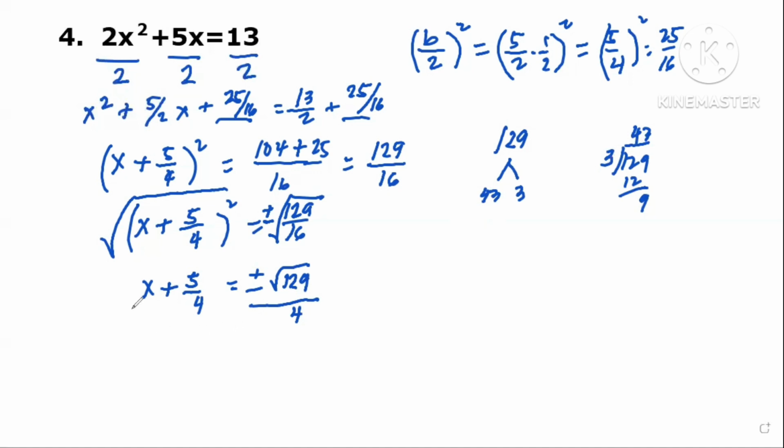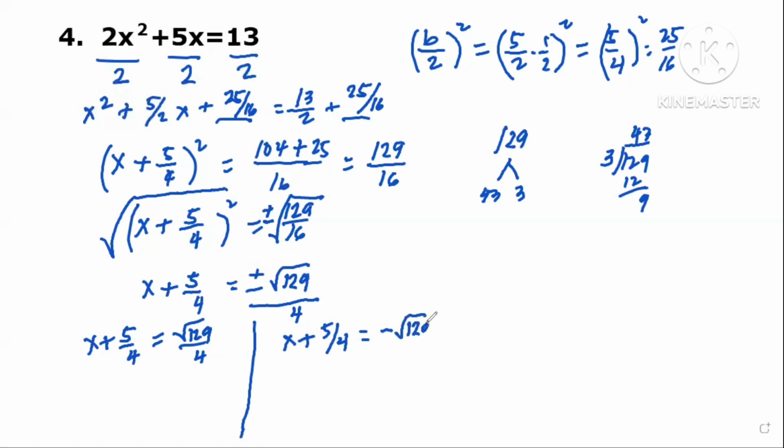So, what are the two solutions? We have x plus 5 over 4 equals positive square root of 129 over 4. And the other one is x plus 5 over 4 equals negative square root of 129 over 4.